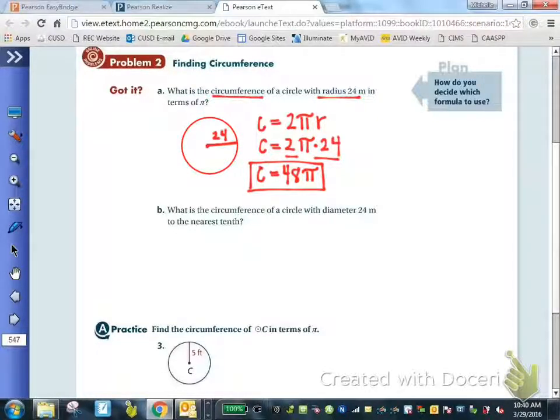Really, in high school math, usually this is going to be how you leave your answer. Okay? In 8th grade, typically we substitute in 3.14 for pi, or we use the pi button on our calculator and we get a numerical answer. In high school, you're mostly going to leave your answer like this. So we're going to practice this.